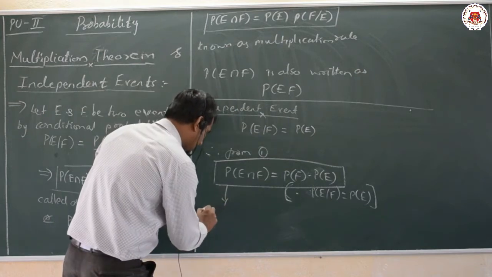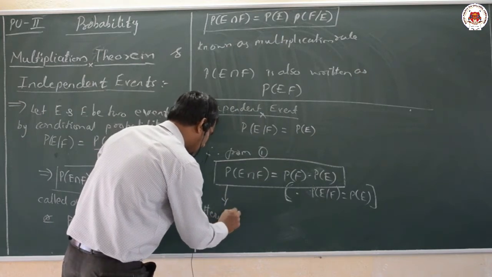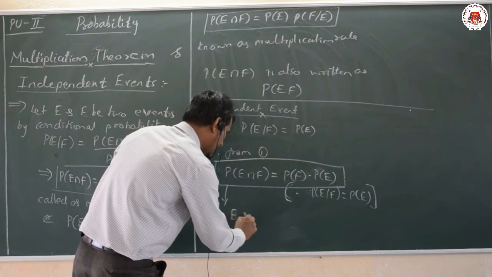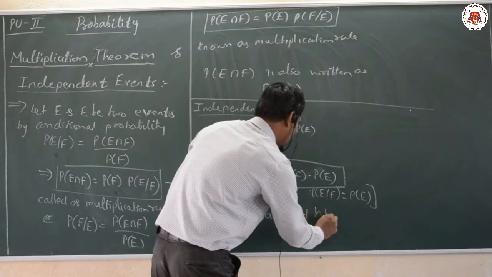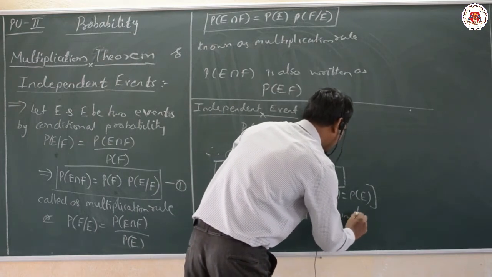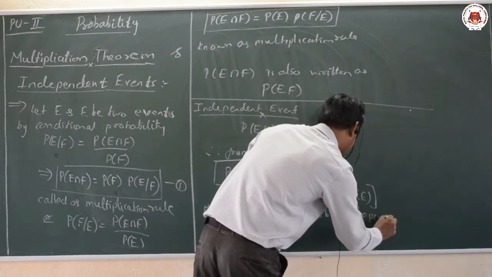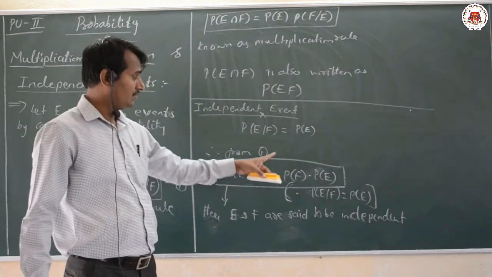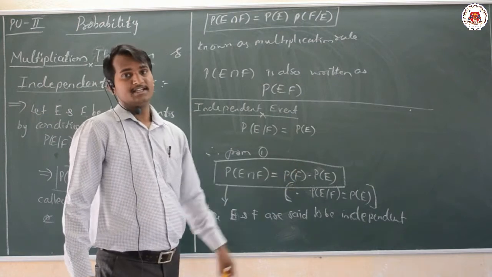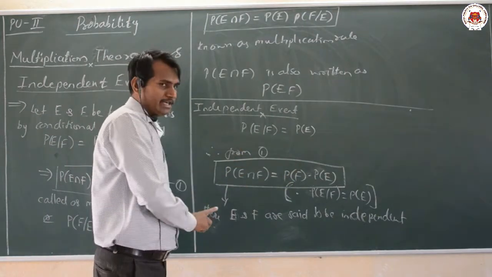E and F are said to be independent. What is the condition here? P of E intersection F is equal to P of E into P of F. That is the result required for independent events.